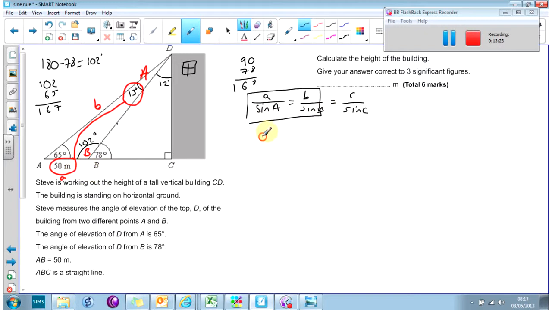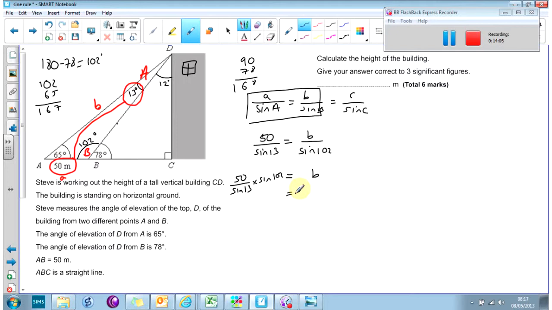So little a is 50, so 50 over sine 13 is equal to B, which I don't know, divided by sine of 102. And then I'm going to rearrange it so that B is equal to 50 divided by sine 13 times sine 102. And when I type that into my calculator, which is what I'm about to do now, so fraction button, 50 over sine of 13, and then multiply it by the sine of 102.